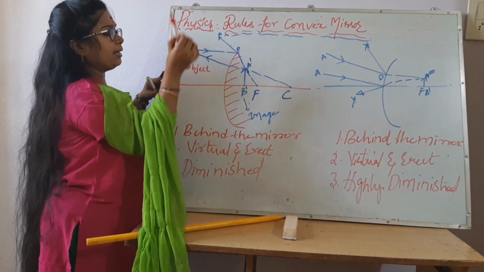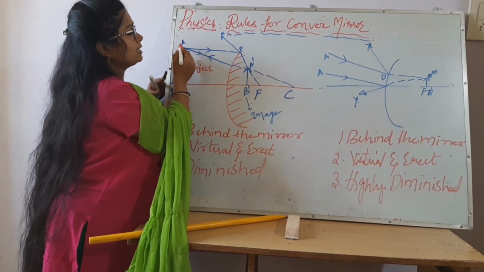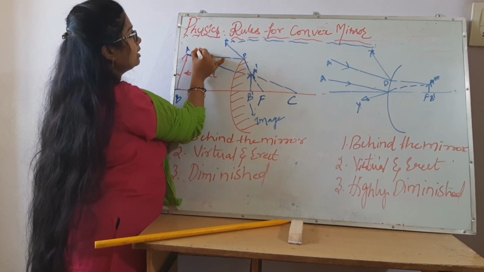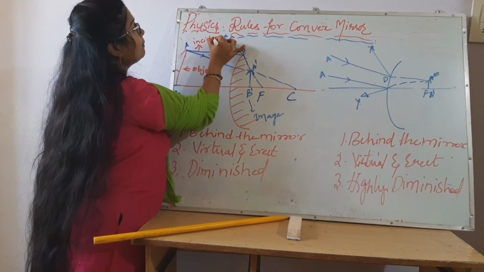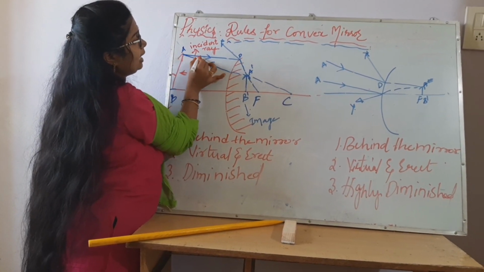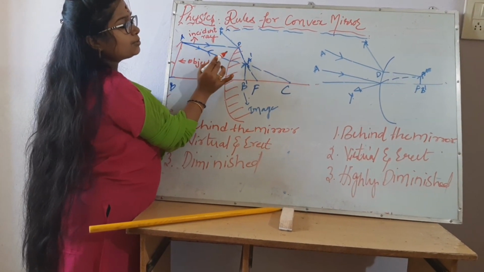The first ray is traveling parallel to the principal axis. This is your incident ray. How is it coming? Parallel to the principal axis.